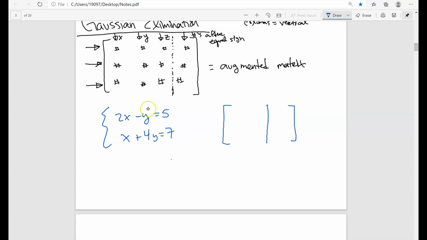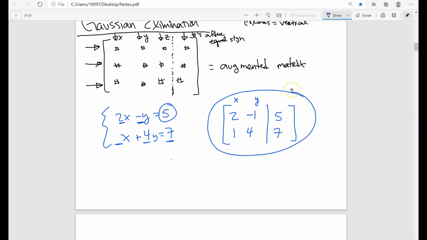Remember that this is going to be all the coefficients for x's, this is going to be all the coefficients for y's, on the left-hand side. So the first one for the x is going to be a 2. The next one's going to be this -1. Then the next one's going to be after the equal sign, that's going to be a 5. Then this guy's going to be a 1, this guy's going to be a 4, and this guy's going to be a 7. Okay, so this would be the augmented matrix.